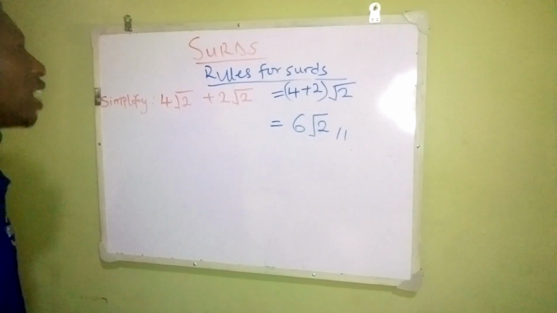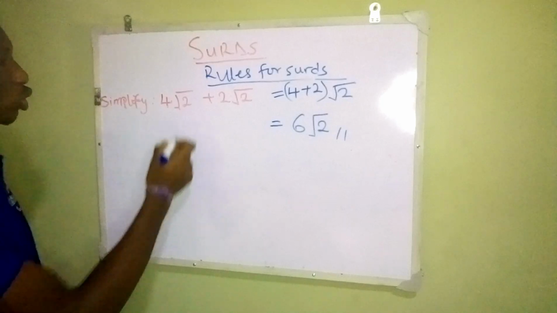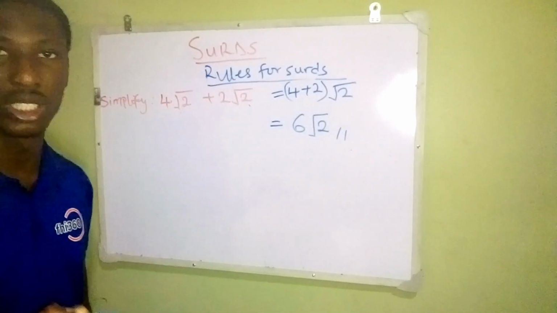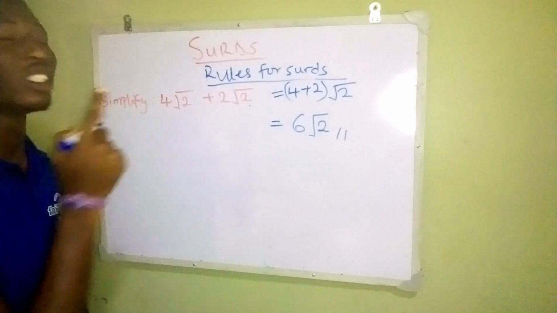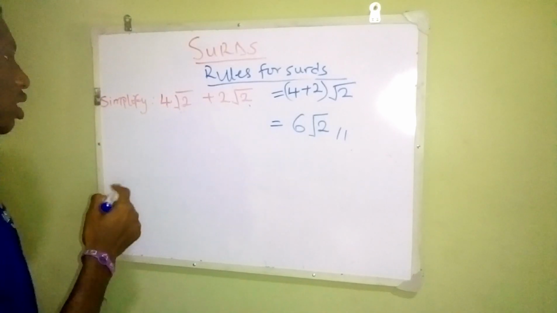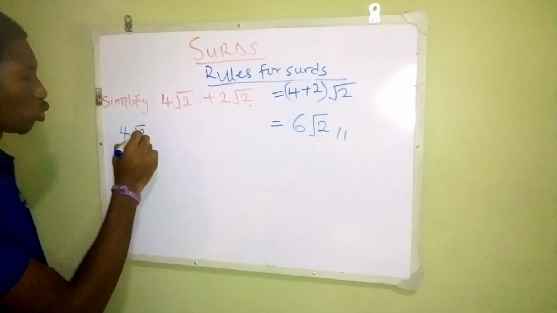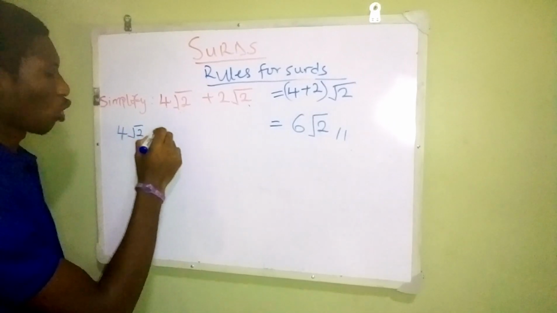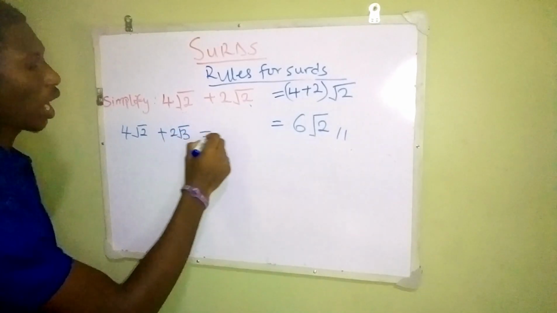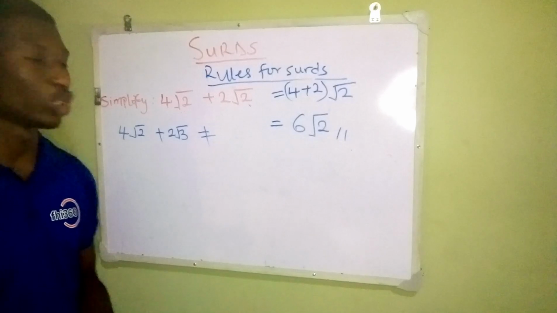But recall I stated that there's an exception to this. If you have an expression where the terms in the square root are different, the addition and the subtraction rule will not work in that instance. For example, if I have 4 square root of 2 minus or plus 2 square root of 3, this question cannot apply the addition rule.